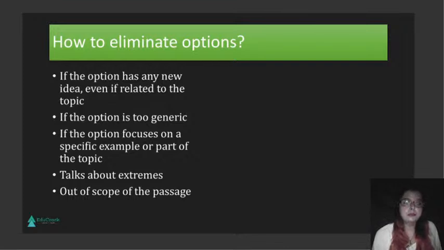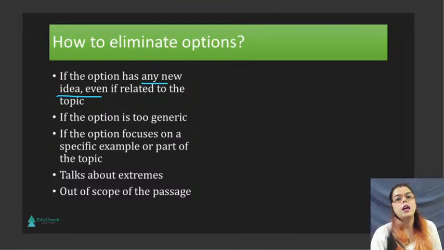So for example, if the option has any new idea, even if it is related to the topic, if it is not mentioned in the passage, it is not to be considered. Keep that in mind. So any new information or any new idea, even if you think that it is related to the topic, it is going to be a problem.